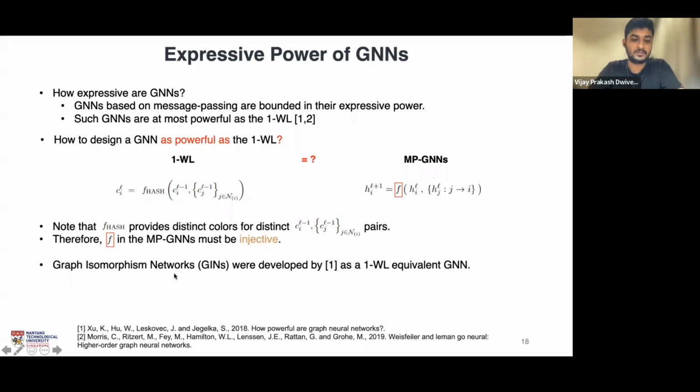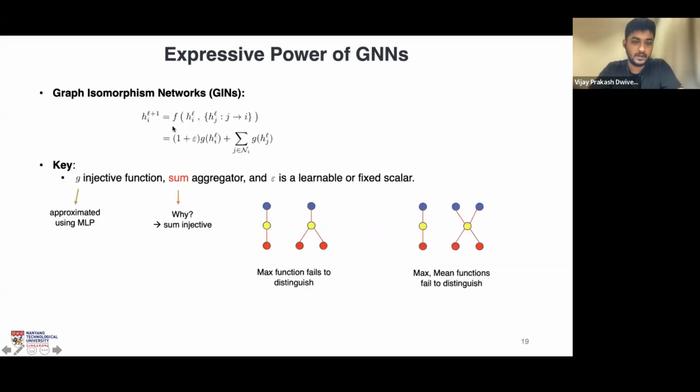So what is the graph isomorphism network? It's of a similar form as a message passing GNN, where its equation is represented by this, and it focuses on two things. One, the G function here and also at this point, and the sum aggregation. The G function must be injective because we want f as a result to be injective.